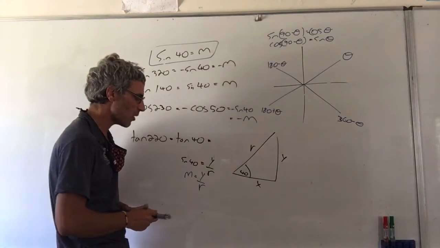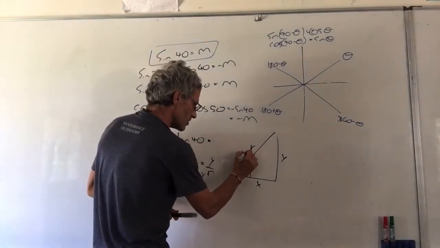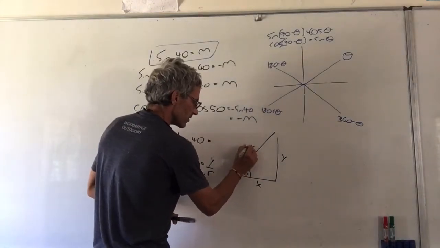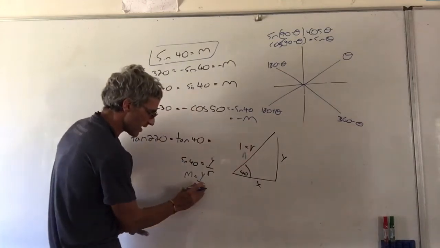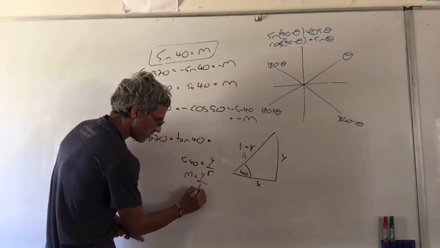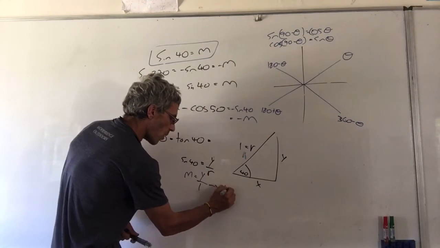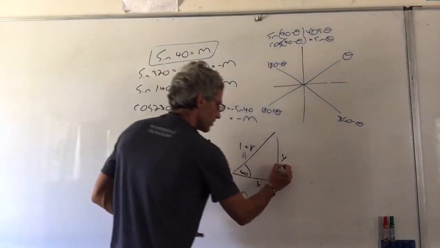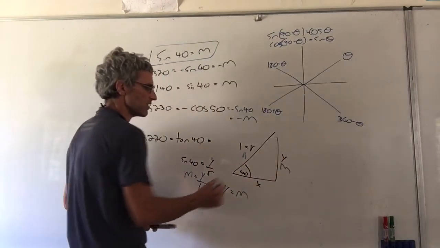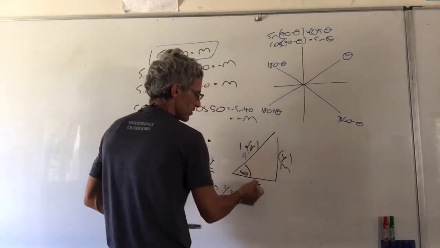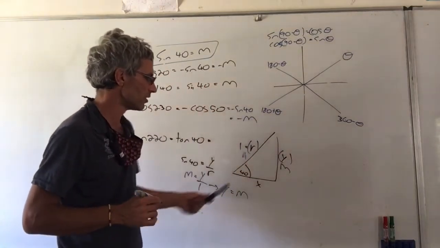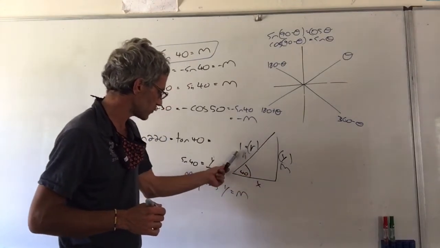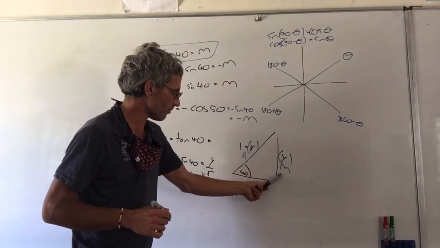Correct, r should be 1. If I take r to be 1, then that means y is equal to m. So I'll keep the black here, you'll see that originally we just put x, y, and r. But now I know that when r is 1, y is m.